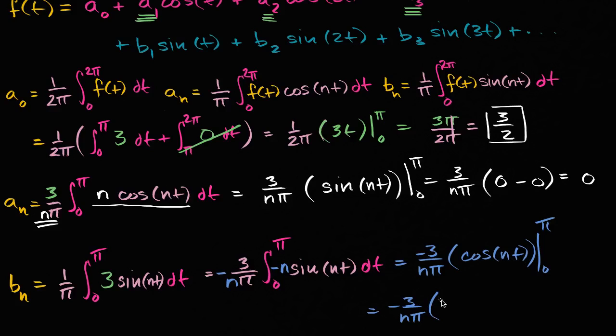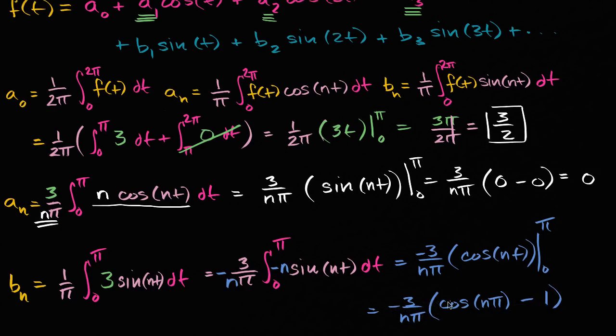Cosine of 0n, that's going to be 1 for any n, minus cosine of, oh sorry, why did I start at 0? It's going to be cosine of n pi, minus cosine of n times 0. So minus cosine of 0. Cosine of 0 is just going to be 1 for any n. And so there you have it.